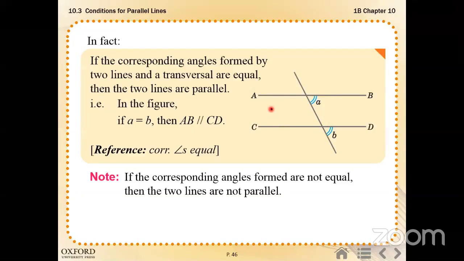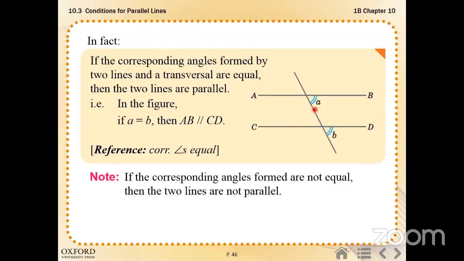This time, it's the other way around. You will be given two lines, AB and CD. And then we don't know. Now, pay attention. We don't know whether they are parallel or not. Then we will check if we have these types of angles. Then we will check the size of these angles.